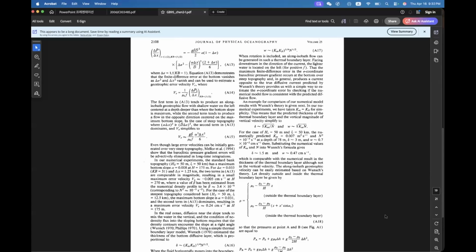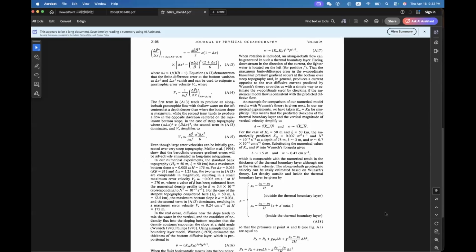You can use the equation to identify it, but then the question comes out: I use the Clark-Wunsch theory. You see here? Yeah, okay, good. Clark-Wunsch, 1970, I'm sorry, wrong. 1970, he talks about the boundary layer, diffusion layer, thermal boundary layer. That's the diffusion layer thickness, depending on the stratification. So you can make an estimate of how the thermal boundary layer should look.